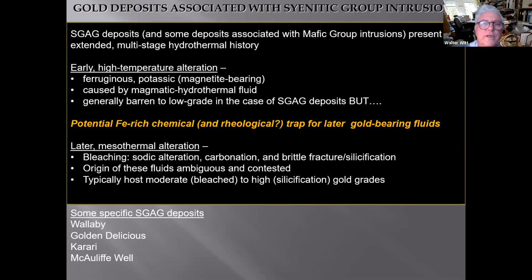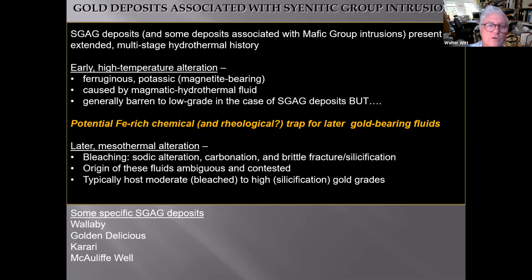So reviewing the alteration now, SGEG deposits are associated with high temperature alteration of the ferruginous or potassic varieties caused by magmatic hydrothermal fluid. They're generally barren to low grade in the case of SGEG deposits, but they are iron rich and therefore act as a potential chemical trap for later gold bearing fluids by destabilizing gold bisulfide complexes.